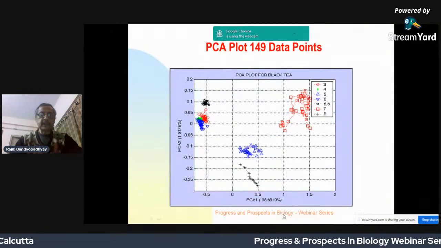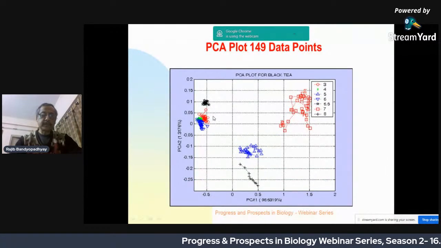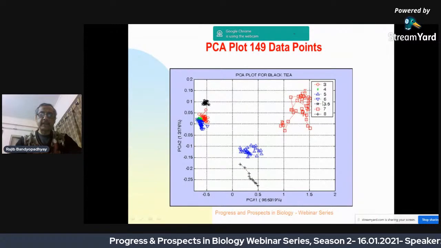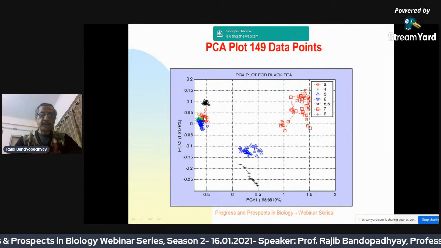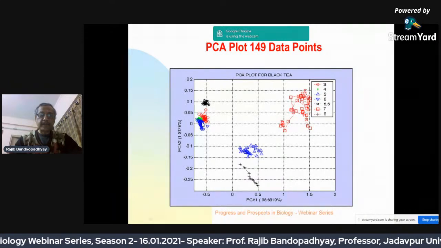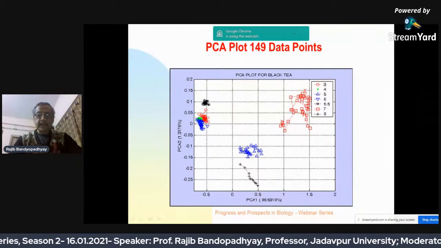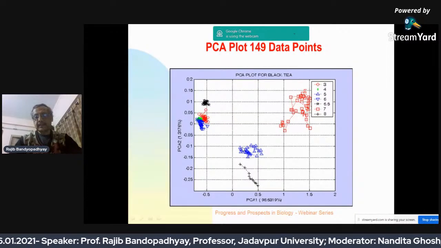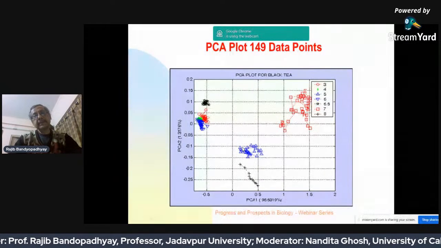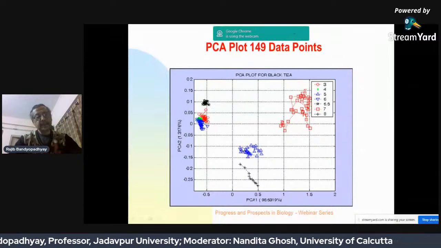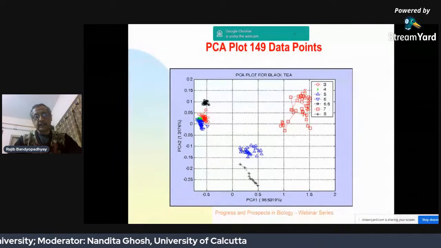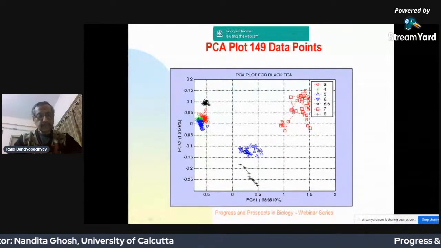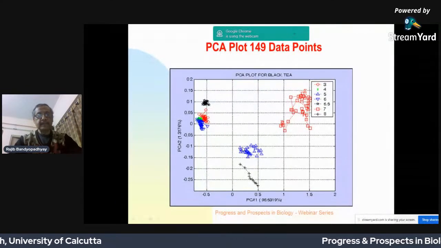You see, some of them are coming very close to each other. These are the different marks given by the tea tester. 3 is here, and 4 is also here, 5 is here, and so on. So we could see that roughly it could discriminate, but principal component analysis is basically a statistical method, and for this type of complex data processing, we need advanced algorithms.